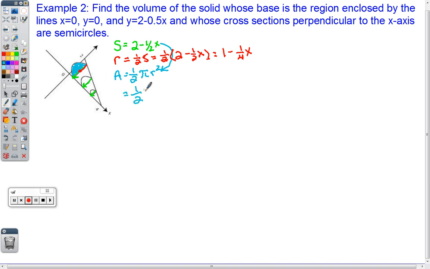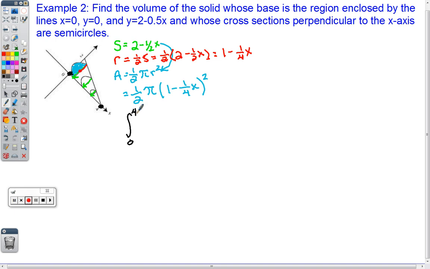1/2 pi, and the radius, which is 1 minus 1/4 x, squared. I'm not going to square that because that's ugly, so I'm just going to take the integral. And our volume, this is in x, so I'm going to go from 0 to 4.